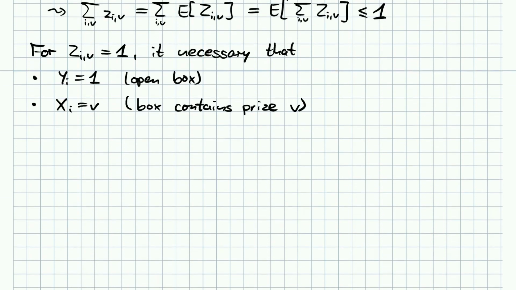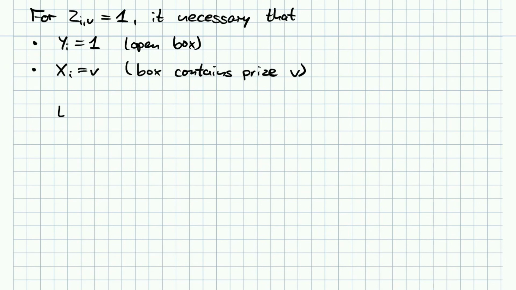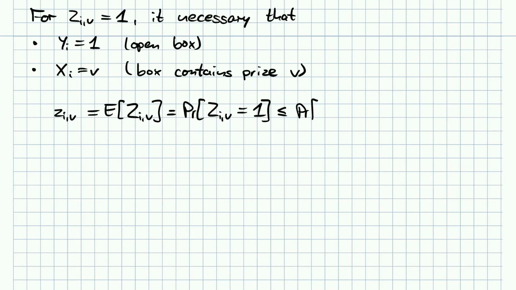What does this mean? This means that small z_{i,v}, which is nothing but the expectation of capital Z_{i,v}, or in other words the probability that Z_{i,v} is equal to 1, is at most the probability that Y_i is equal to 1 and X_i is equal to v. Now what is happening here?